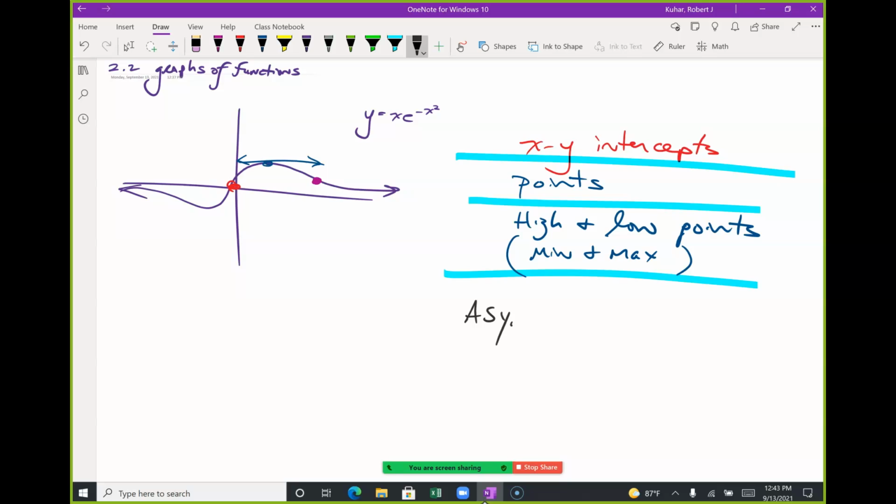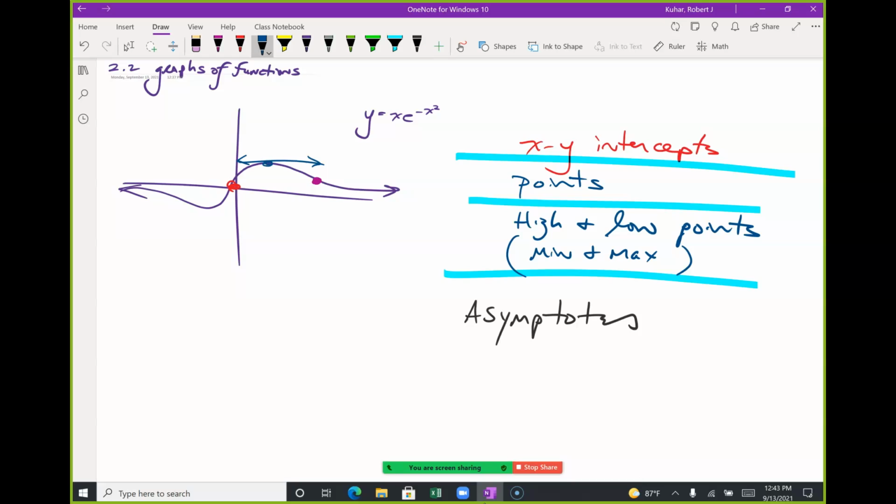Something called asymptotes. So this particular curve has a horizontal asymptote of 0. In the long run, it will never hit the x-axis. It doesn't have any vertical asymptotes. X-intercepts, y-intercepts, points, highs and lows.